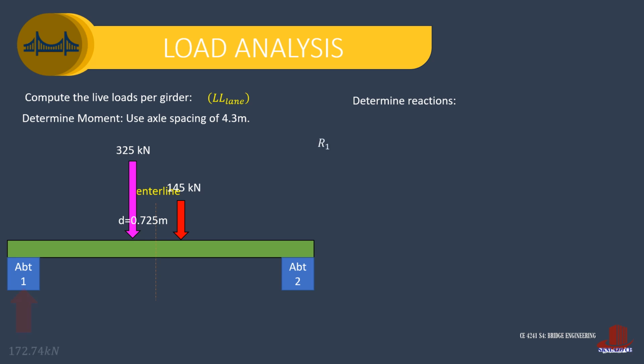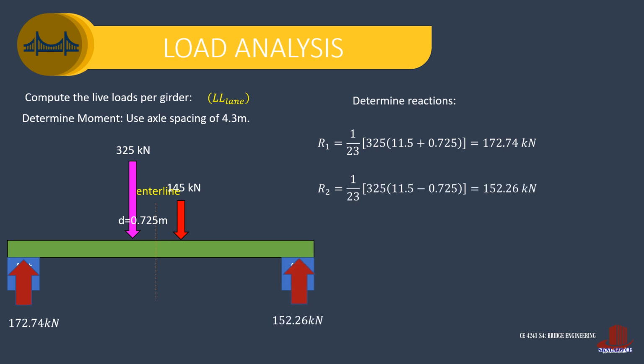By taking moments on the right abutment, we can determine the left reaction as 1 over 23 times the resultant load of 325 times 11.5 plus 0.725, and that is 172.74 kilonewtons. The right reaction is 1 over 23 times 325 times 11.5 minus 0.725, which makes 152.26 kilonewtons.